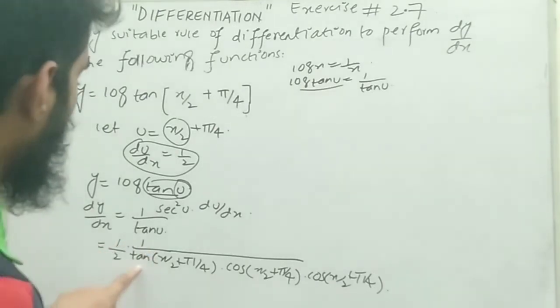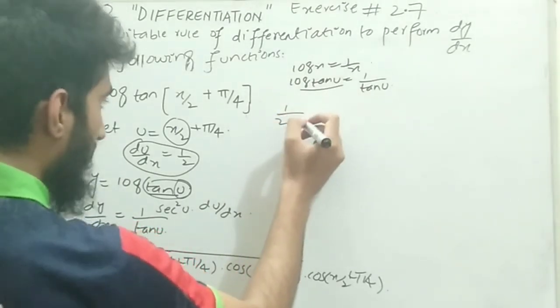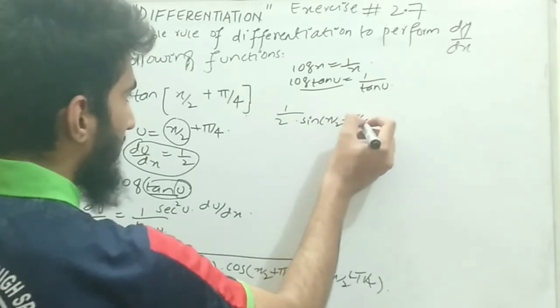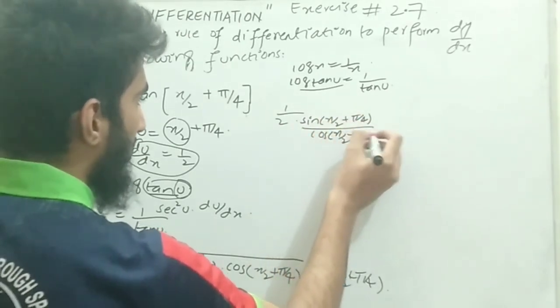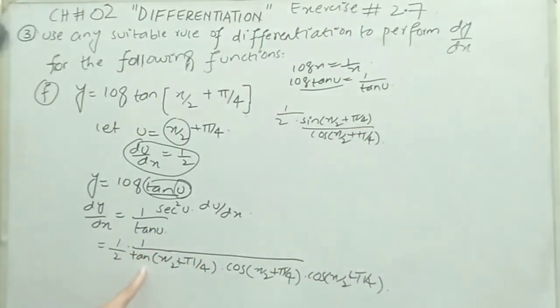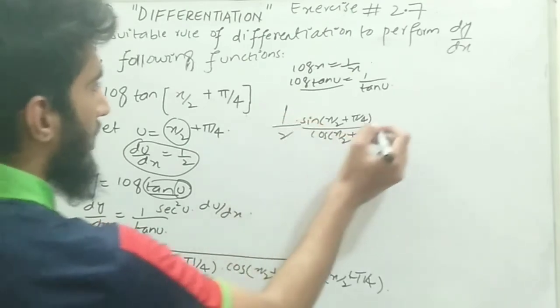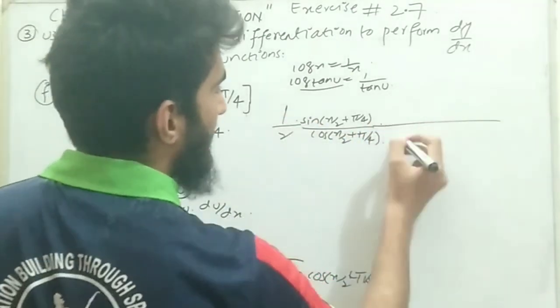After this, you know that tangent is sine over cos. So it becomes 1 over 2, in the denominator we have sine of x by 2 plus pi by 4 divided by cos of x by 2 plus pi by 4. This is our tangent of x by 2 plus pi by 4. And multiply by 1 over 2, and multiply by cos of x by 2 plus pi by 4 and cos of x by 2 plus pi by 4 in the denominator.